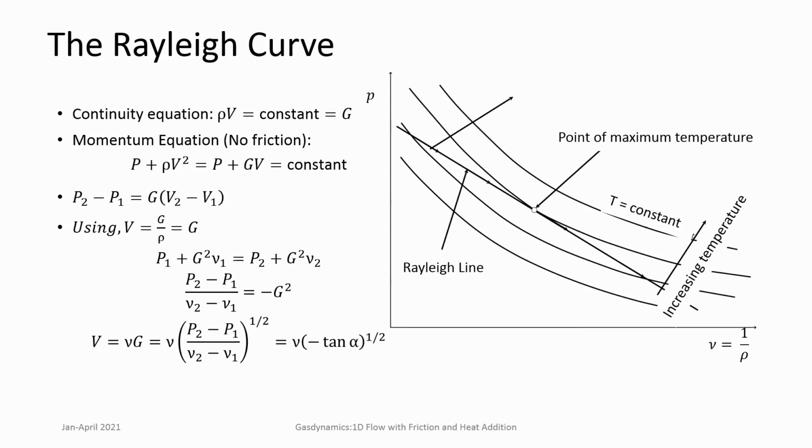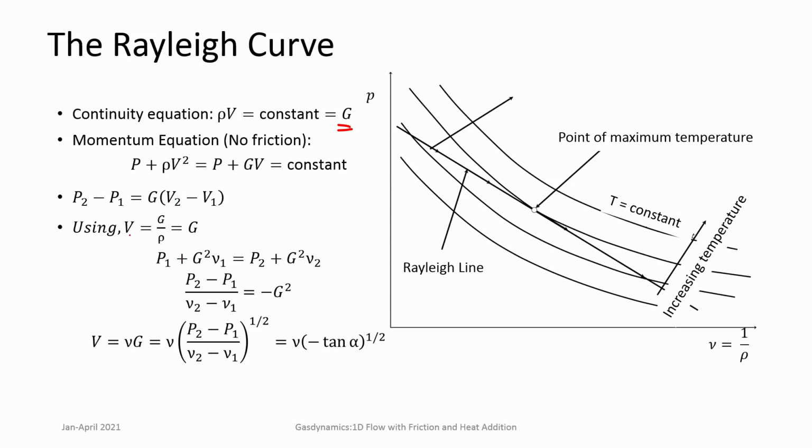So, here also rho V is constant, that is rho V is G. Again this parameter G comes here. Momentum equation, p plus rho V square is equal to constant, that is p plus G V is constant. So, p 2 minus p 1 is equal to G multiplied by V 1 minus V 2.